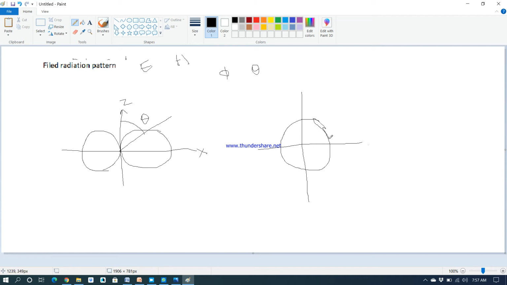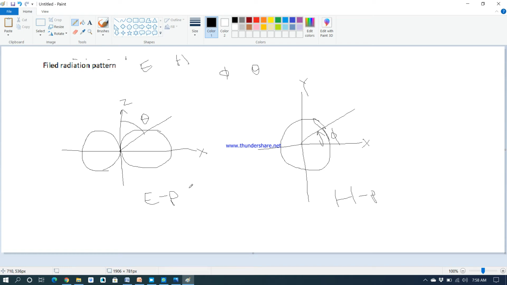This is a circle, with the x axis and the y axis, and it is a function of phi. This is the H plane pattern, and this is the E plane pattern.